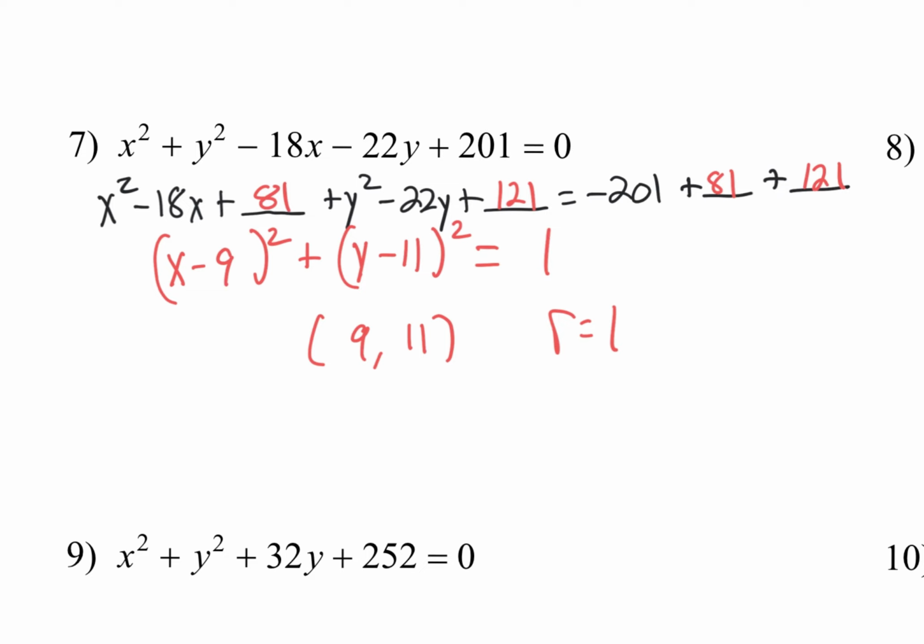When you factor, it would be half of negative 18, which is negative 9. So x squared minus 18x would be x minus 9.